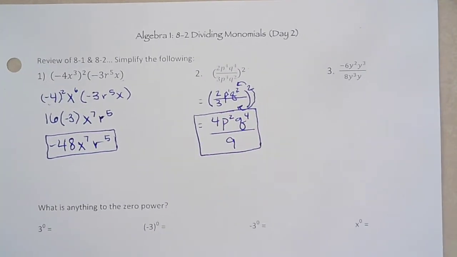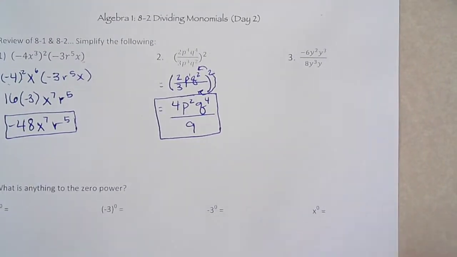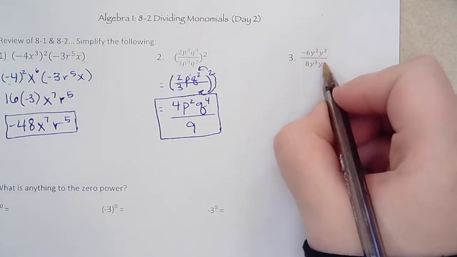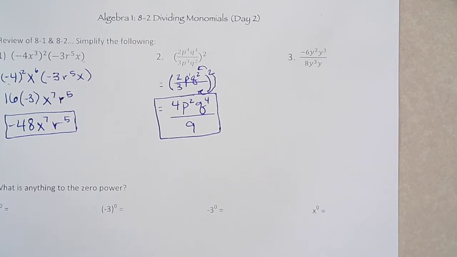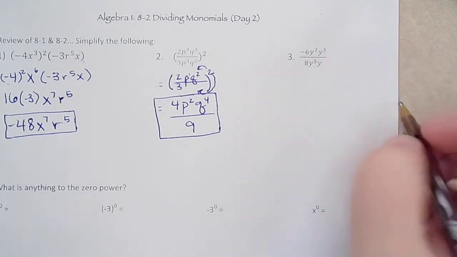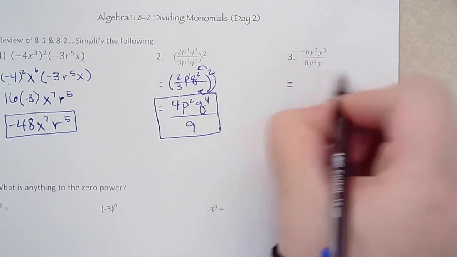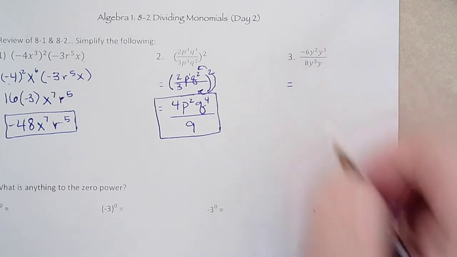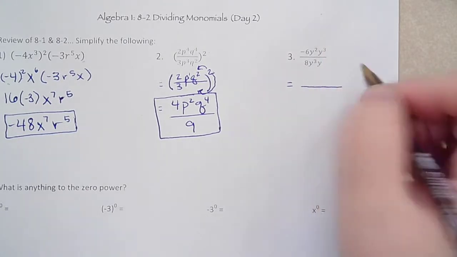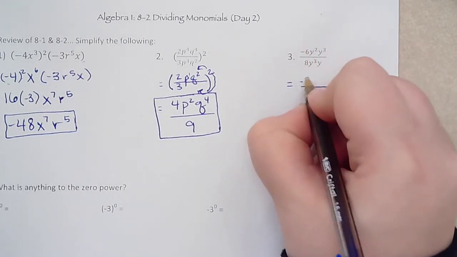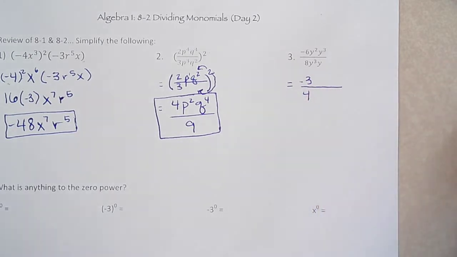All right, one more, and this one's a little tricky because we could start by dividing y's and getting things that way. But I noticed that I have y's on top, and it's like combining things on either side of an equal sign. Let's combine on top and on bottom first, and then go across the fraction. I am going to reduce negative 6 over 8 to negative 3 over 4 because I know how to reduce a fraction.